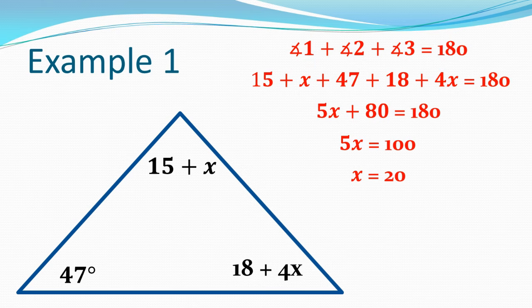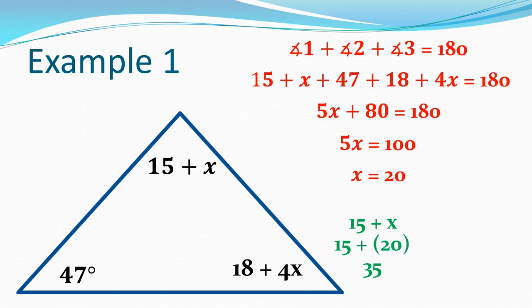Others may ask you to solve for the missing angle measure, so the missing degree measure of a particular angle. In this case, if I know what x equals, I can substitute it in. So if I had to find what 15 plus x represents as a degree measure, I substitute 20 in for x. 15 plus 20 gives me 35.